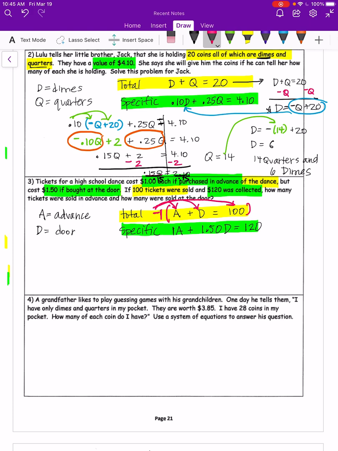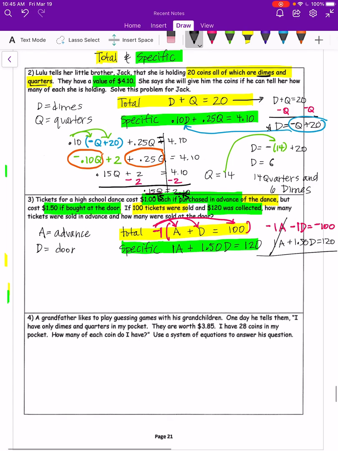So that would look like -1A minus 1D equals -100. And then I could copy this one over. So I've got 1A plus 1.50D equals 120. And now I can use some elimination. Those would disappear, and I could do the rest and plug it in. So just another option if it works out. Okay, so total and specific. Good luck.